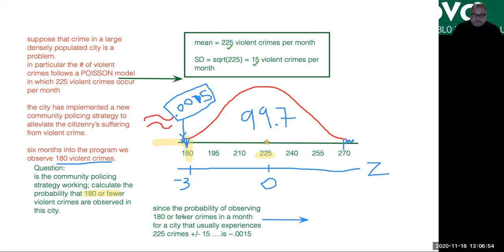So since the probability of observing 180 or fewer crimes in a month for a city that usually experiences that is 0.0015, we can conclude that something non-random is behind the decline in crime.